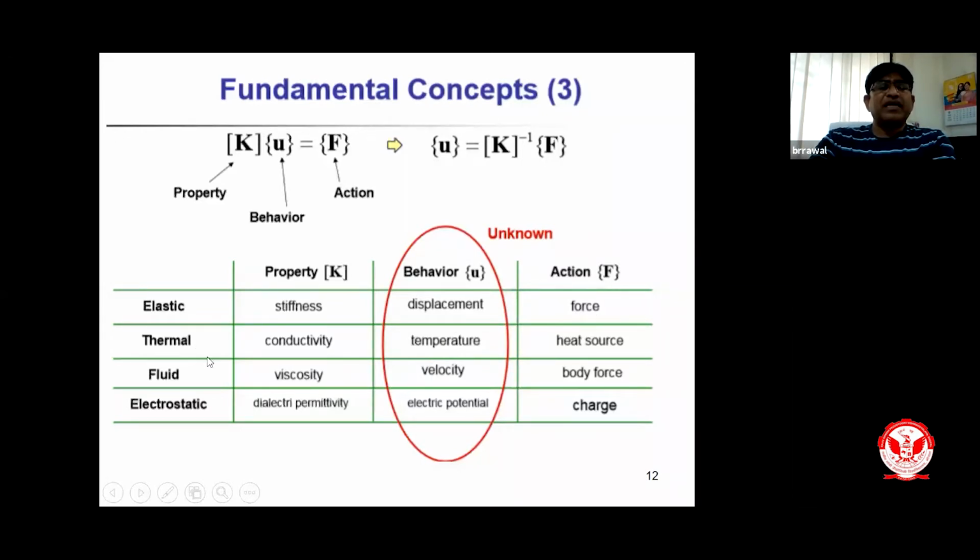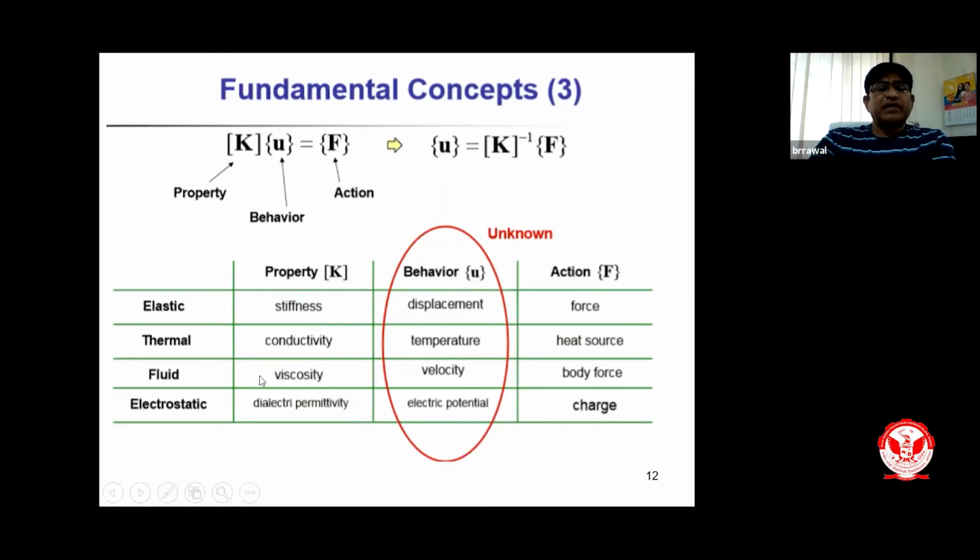For thermal analysis, the property given is conductivity, the behavior is temperature, and the action is heat source. For solving a fluid problem, basically we use CFD for this solution, but in ANSYS also we can solve fluid-related problems.